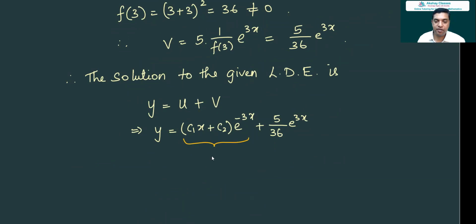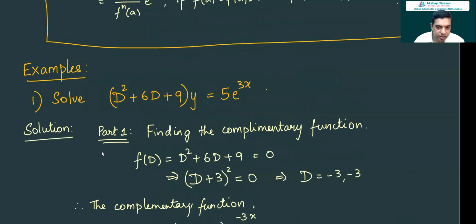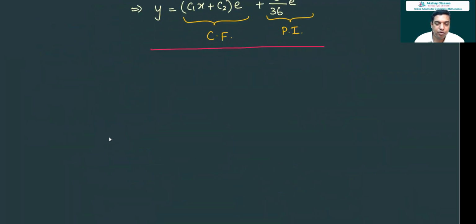This is the complementary function, which will have arbitrary constants. The particular integral will not have arbitrary constants. Let's do a little complicated one. Okay, is it clear how we found the particular integral for this case when the right hand side is e^(ax)?